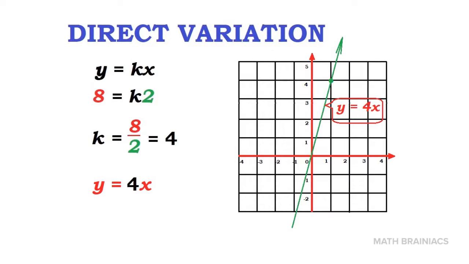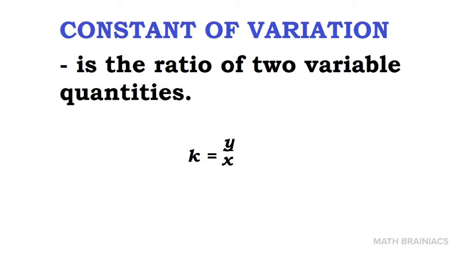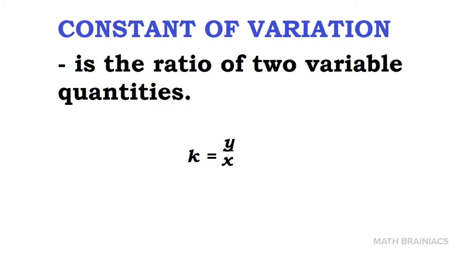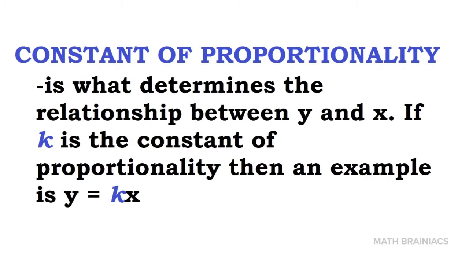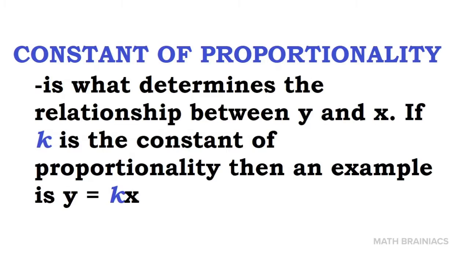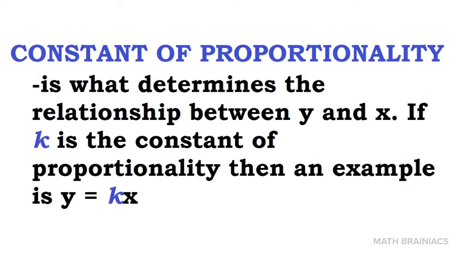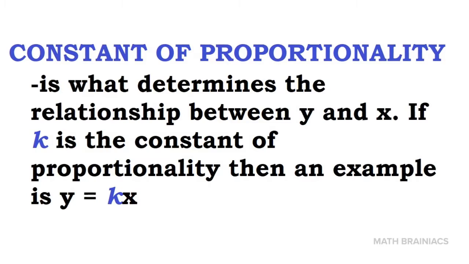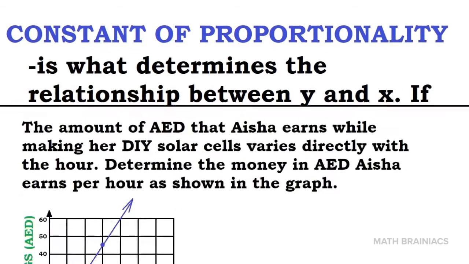That is why the constant of variation is equal to 4. Constant of variation is the ratio of two variable quantities. It is k is equal to y over x. Constant of proportionality is what determines the relationship between y and x. If k is the constant of proportionality, then an example is y is equal to kx.